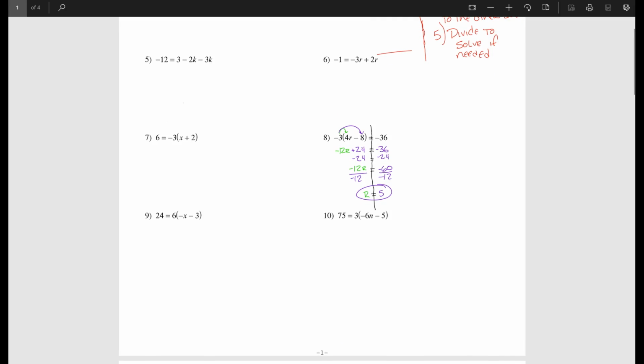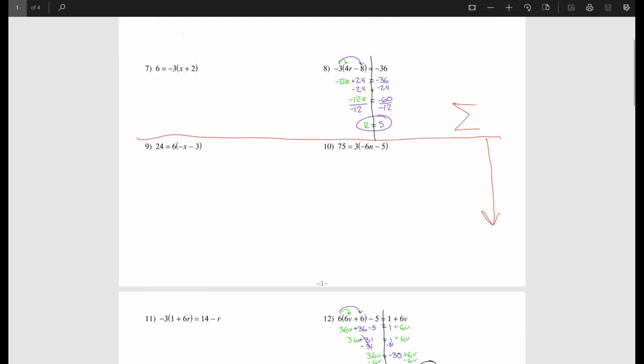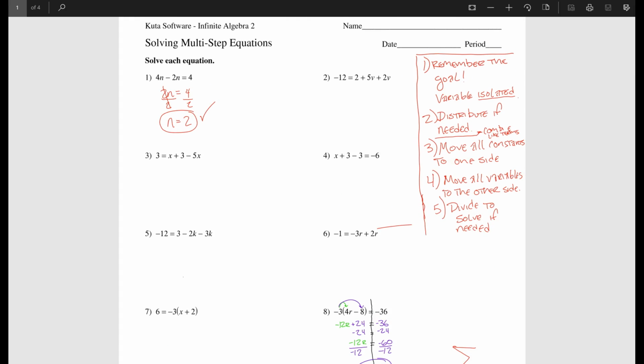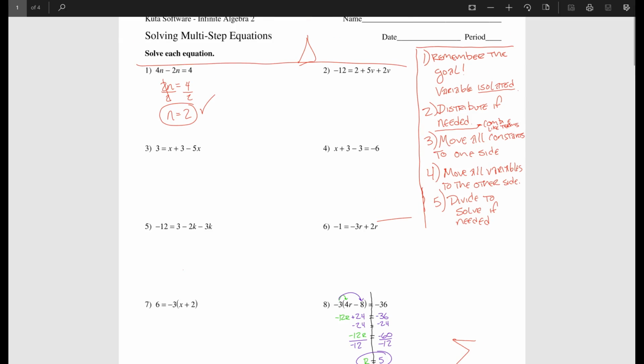Sigmas are completing 9 through 14, and deltas are completing 1 through 8.